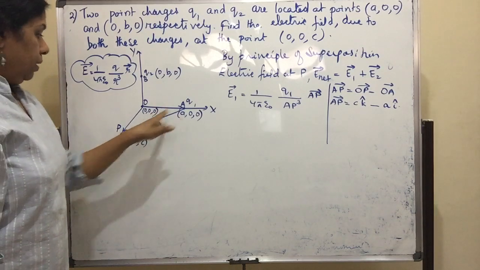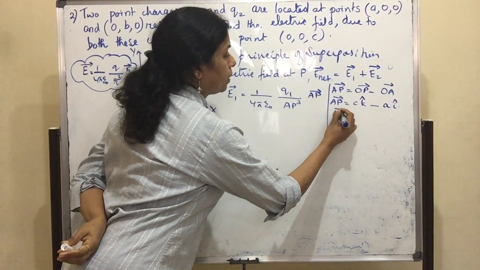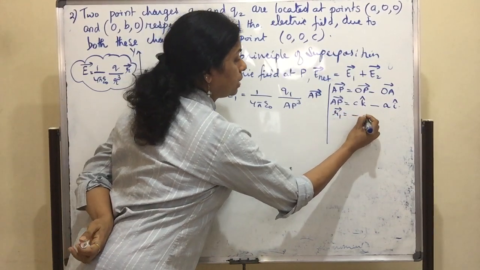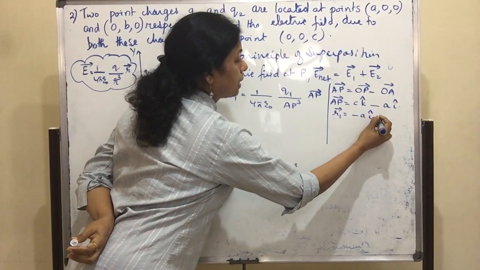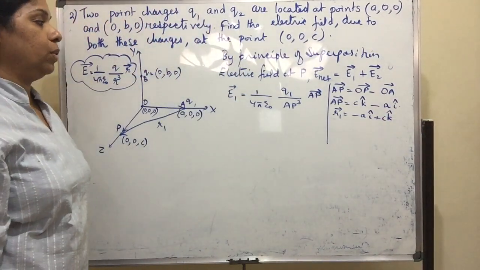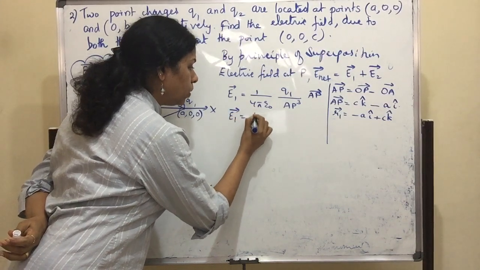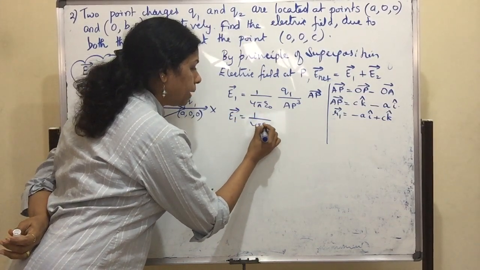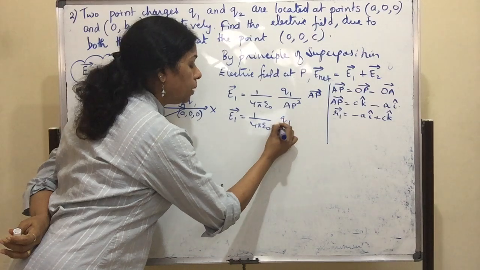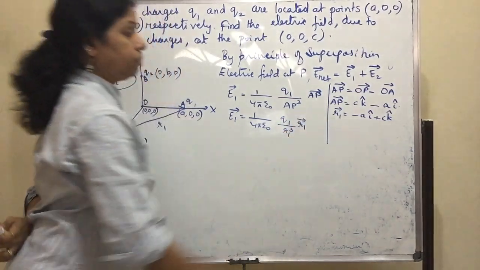Now AP, that distance, is equal to R1. The R1 vector is equal to A i cap minus... I am just rearranging; no need actually, you can just leave it like that, but I am going to do it like this. So, I got the R1 vector. Let me rewrite: E1 vector is equal to 1 by 4 pi epsilon naught, Q1 by R1 cube, into R1 vector.